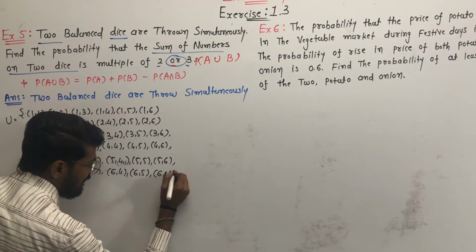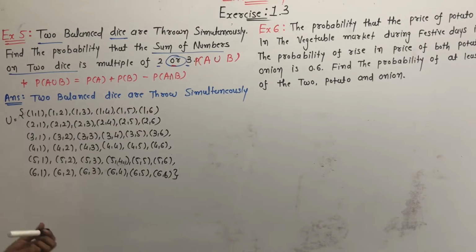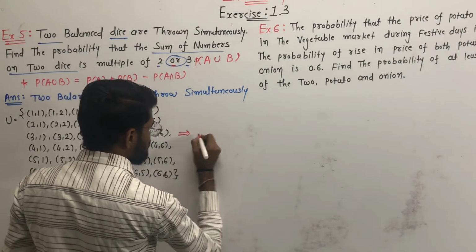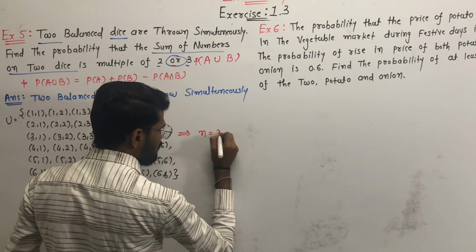Clear? And how many will it be? The total number of possible outcomes will be 36, so n is equal to 36.